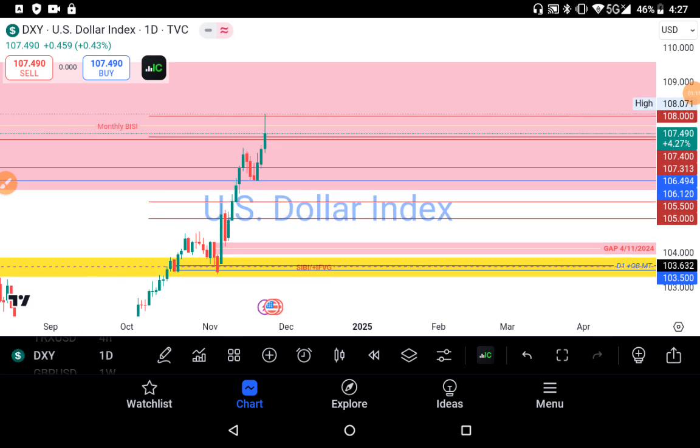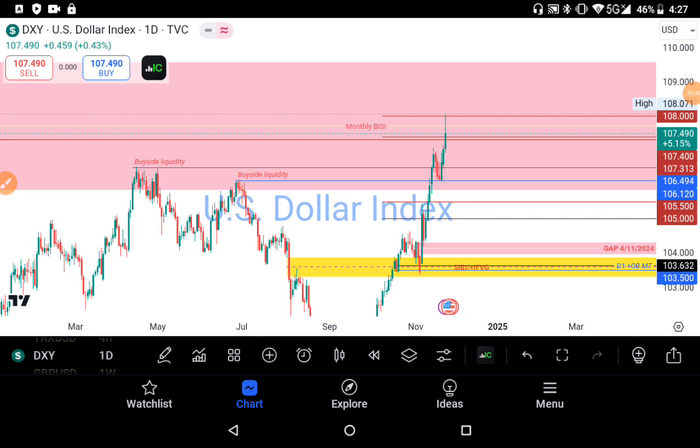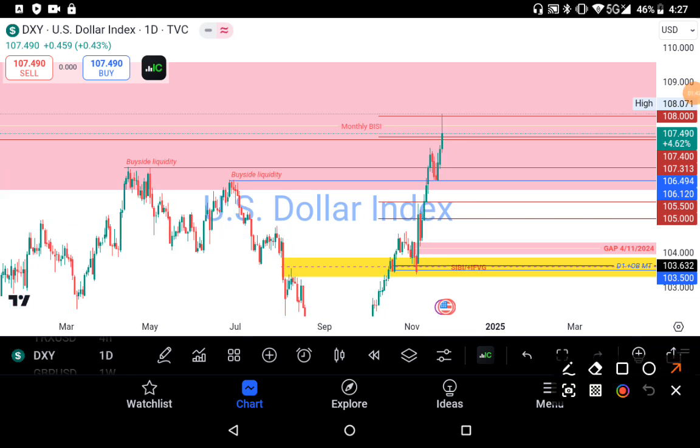As of last week, I was interested in the market price visiting 107.400, which has been taken here, and 108 big figure, which was also delivered beautifully just immediately after the market price pierced through this buy side liquidity and this as well.